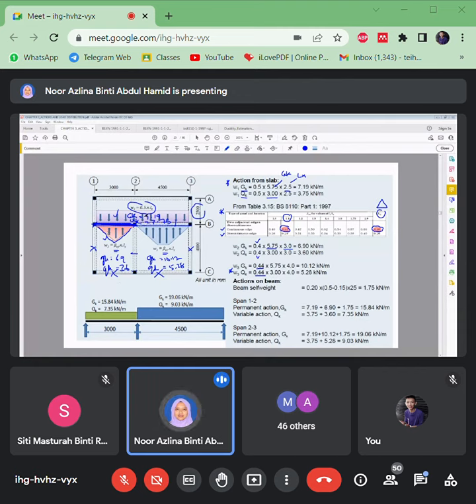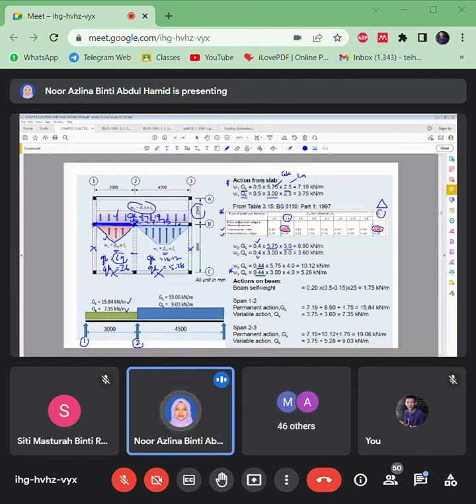So that's why 7.19 will be added to 6.9. This is the GK for grid line 1 to 2. Same goes for QK. Only this part will transfer to this beam. So 3.75 plus 3.6. This is the QK for grid line beam 1 to 2.